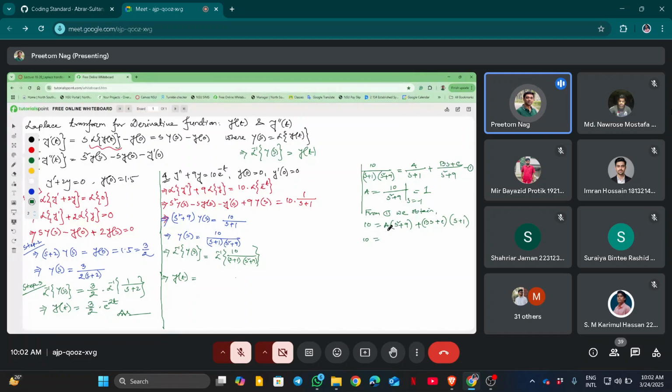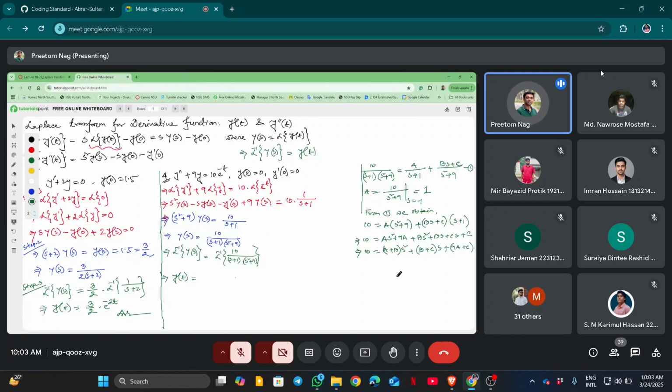Therefore, grouping all s squared terms, 10 equals A s squared plus 9A plus B s squared plus Bs plus Cs plus C. So you can write 10 equals A plus B into s squared, B plus C into s, and 9A plus C.